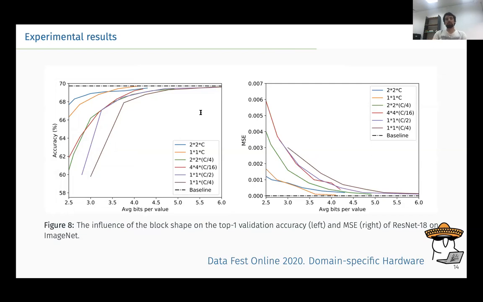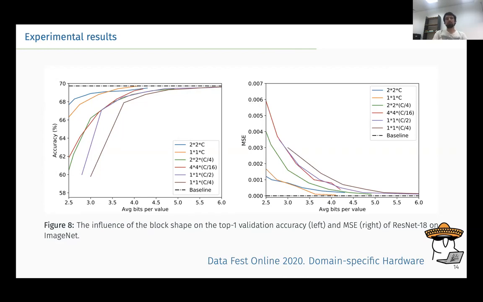And finally, we played with different PCA shapes. As I told earlier, we used PCA in channel direction. So this would be 1 by channel, the orange line.